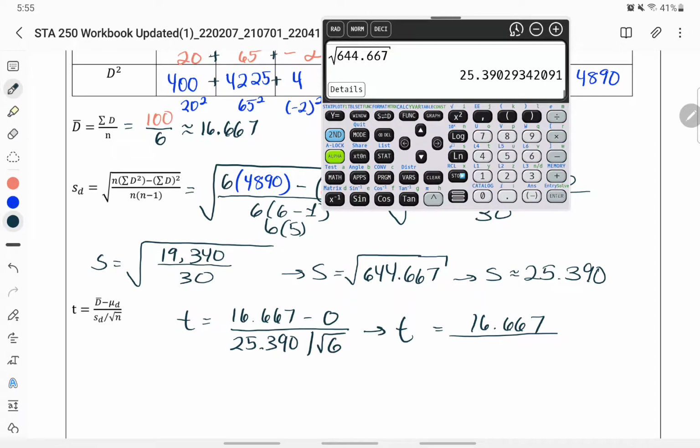The bottom, let's do that and take 3 numbers after the decimal. Square root of 6. That's 10.365. Let's divide that. Take 3 numbers after the decimal again. So that is going to be T is approximately 1.608. And that is the test value.